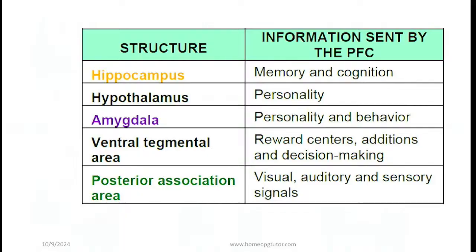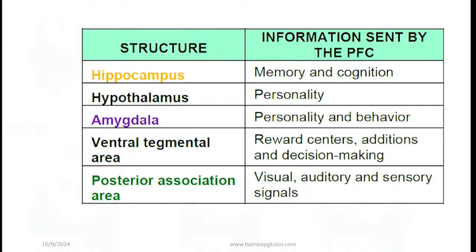The ventral tegmental area is known as the reward center. All the addictions and decision making skills are related to the ventral tegmental area. We have the posterior association area, where all the auditory, sensory, and visual signals are dealt with. So these are the information and the related structures.